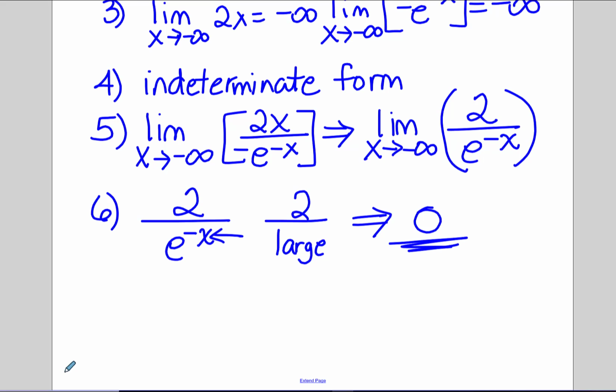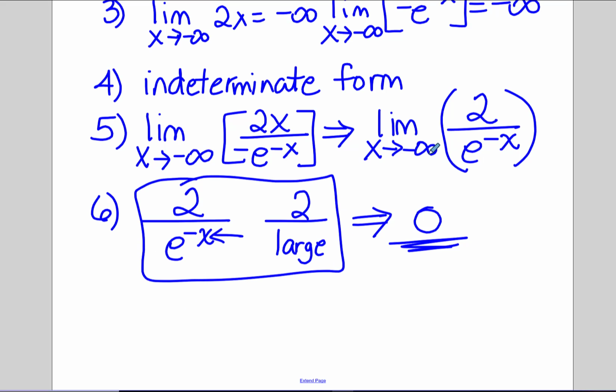So direct substitution, this is just my thinking. This doesn't really work. I'm just using that to explain. How do I know what happens without a calculator? Because if I take 2 and divide that by some super big number, I'm going to end up at 0. You follow that? Good.